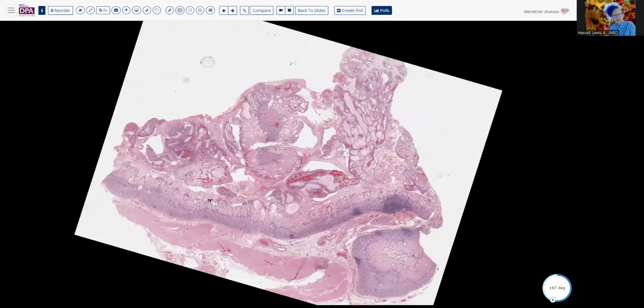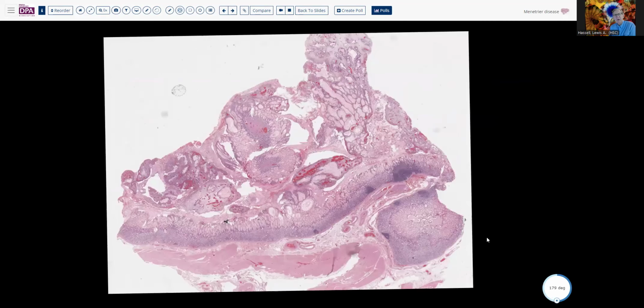So let's turn our slide around here and see what we're going to be dealing with. This representative slide came from a resection specimen, which on occasion can be required to deal with this syndrome. But as we can see at low magnification, we have normal thickness to the wall, nothing going on in the submucosa, but then these very exaggerated folds that make it look very, very tortuous and complex.